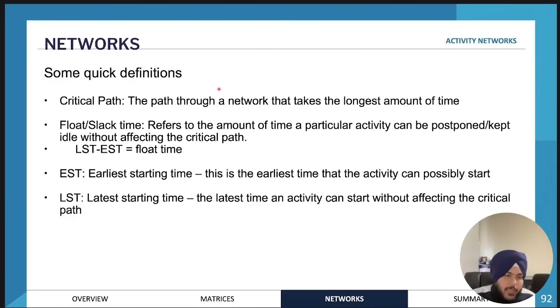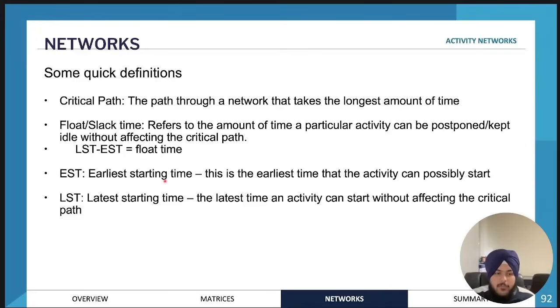Okay, so some quick definitions before we go on to critical path analysis. A critical path is essentially the path through a network that takes the longest amount of time, and all other activities work around it. Then we have earliest starting time and latest starting time. The earliest starting time for any activity is the earliest time at which that activity can be started.